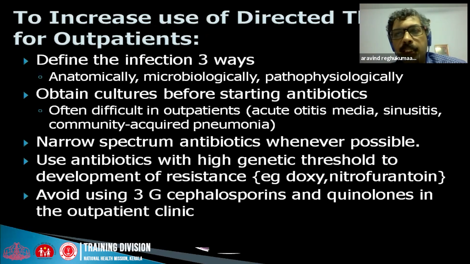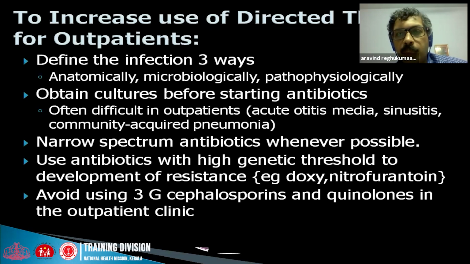So in the OPD setting, to increase the use of directed therapy for outpatients, we have to define the infection in 3 ways. One is anatomically, that is, if it is sinus or not, something like that. Then microbiologically, if you think it is a sinus infection, you have to see whether it is due to a virus like rhinovirus, influenza virus or parainfluenza virus, or you think it is bacterial, then it could be pneumococcus, H. influenzae, Moraxella, etc. That is how to define it microbiologically.